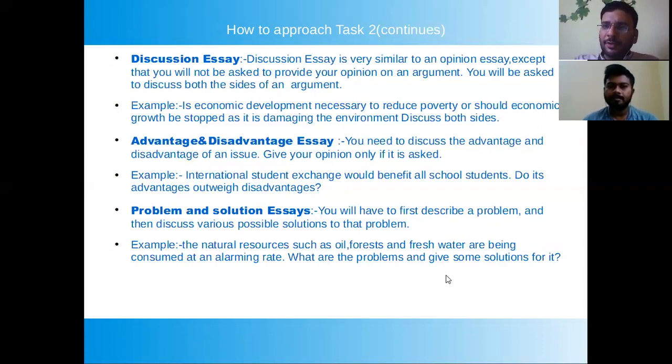If they have asked for your opinion, yes, you have to give it. Otherwise, you just need to discuss both sides of an argument. I've given you an example, just look at this example. It says, is economic development necessary to reduce poverty, or should economic growth be stopped as it is damaging the environment? Discuss both sides.